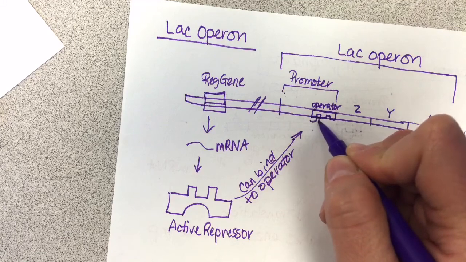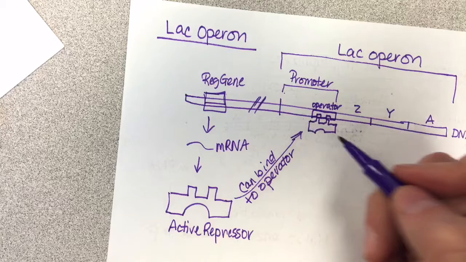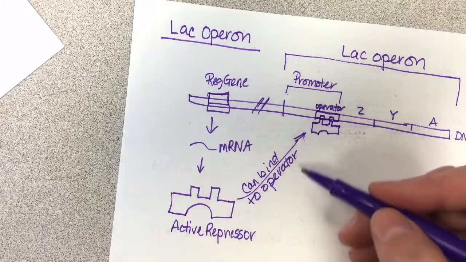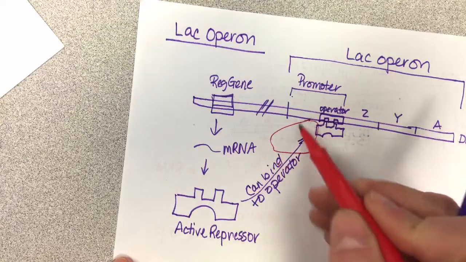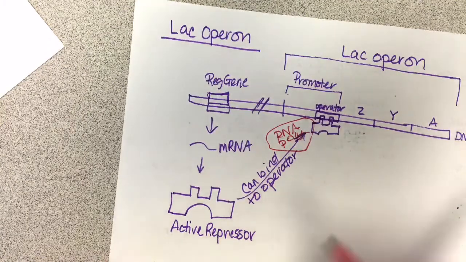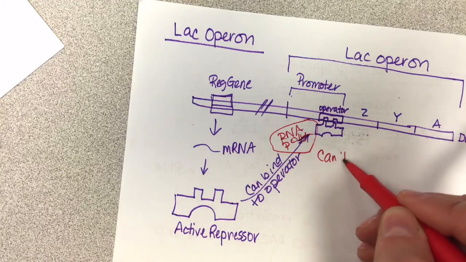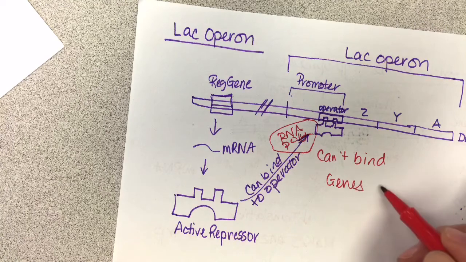And so that's what we have here. And therefore, because of that, RNA polymerase comes over, tries to bind, and RNA polymerase can't bind. What does that mean? Genes are usually off.